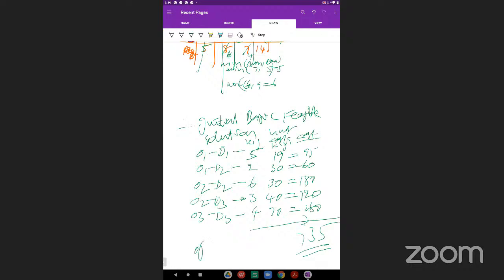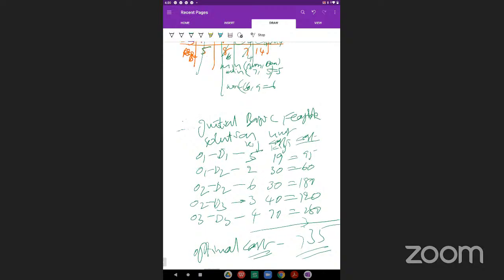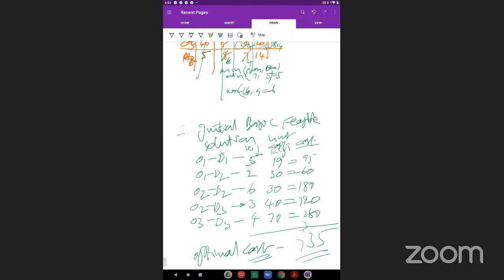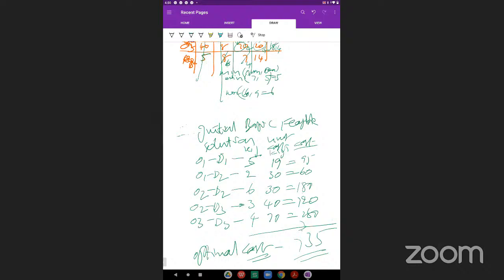This is the amount we want to spend, then only it is profitable. This is the overall idea. Once I go to the problem, I will show you.